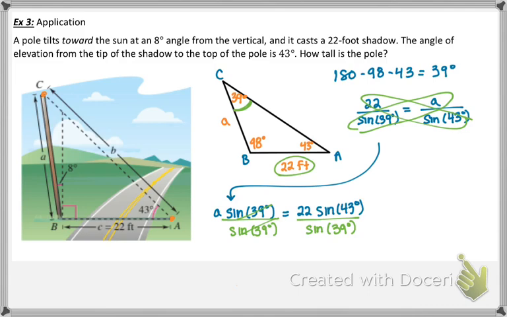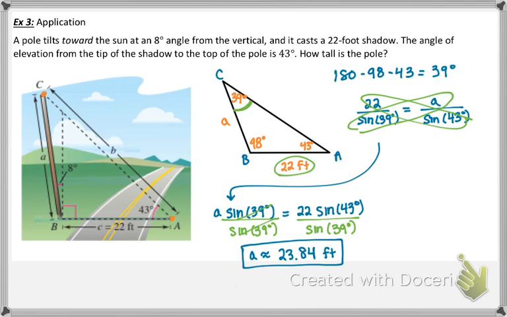And that gives us A as roughly, if I round to the nearest hundredth, that would be 23.84 feet. And the instructions on practice problems will tell you how they want you to round.